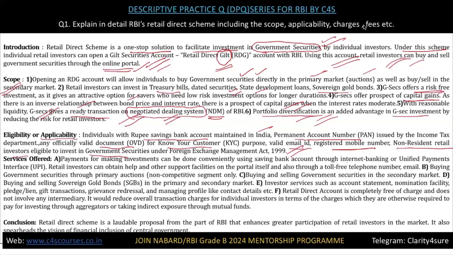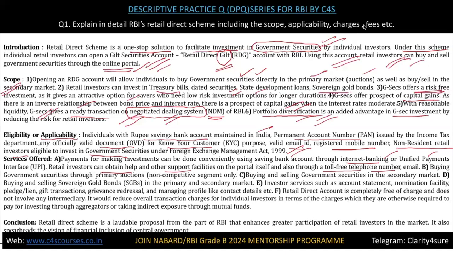The payments for making investments can be done very conveniently through your savings bank account, through internet banking and UPI. It also offers a toll-free telephone number through which you can seek help or support for any services we need or any queries.